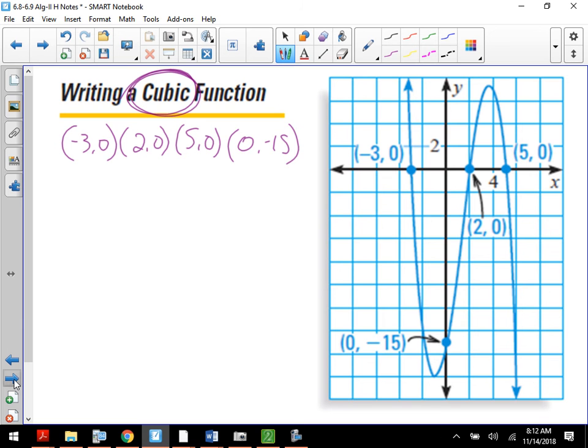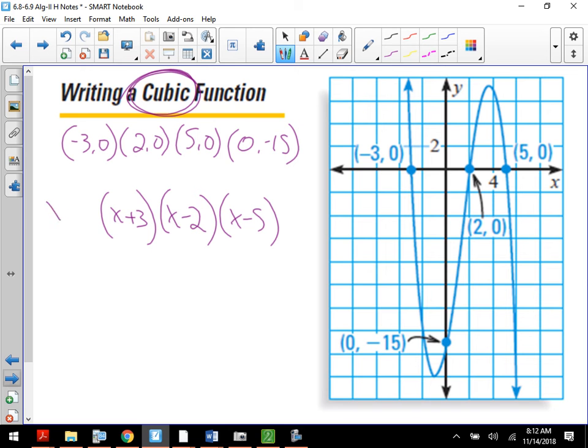So if these are zeros, what's the term that has -3 as a zero? If 2 is a zero, what's the term that has it? If 5 is a zero, what's the term that has it?